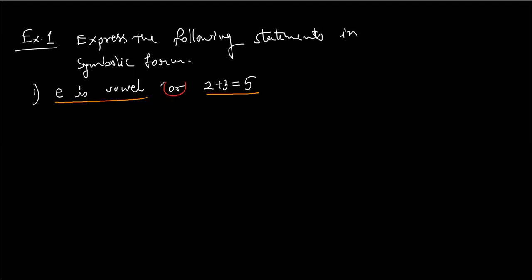So when you are using OR, it becomes disjunction. Now how do I solve this problem? The answer will be as follows. Let P be the first one, E is a vowel. And I write Q as the second one, which is 2 plus 3 equals 5.